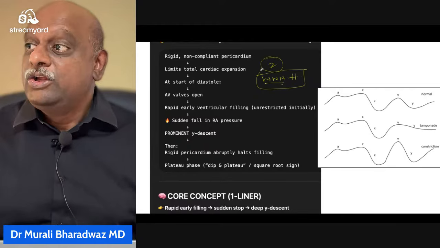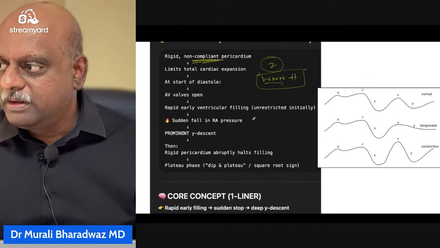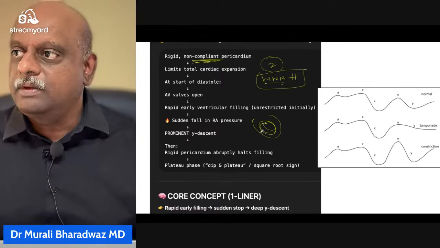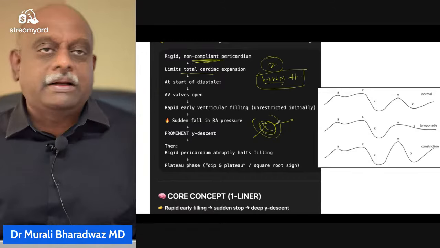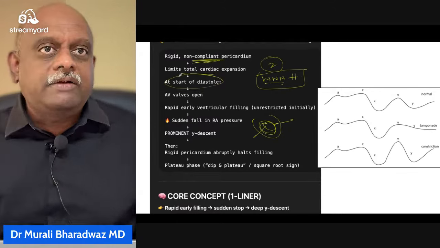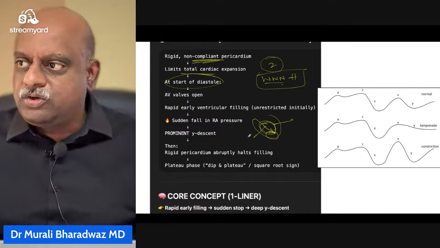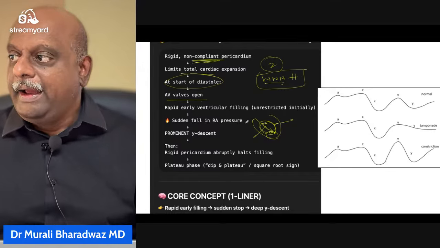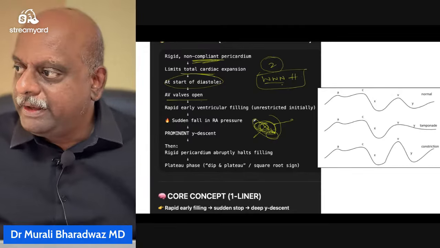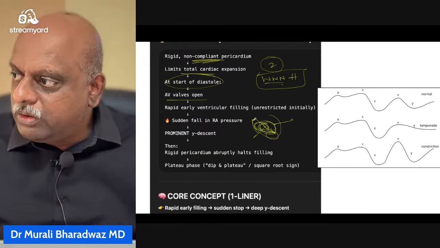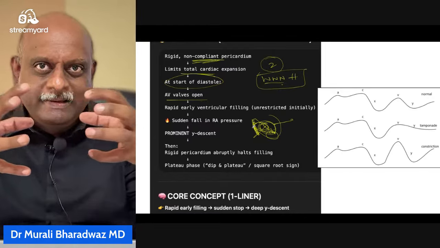Right? So a rigid, non-compliant pericardium is there around the heart. It will limit the expansion of the cardiac chamber. Now, at the start of the diastole, when the ventricle is getting filled from the atria, the AV valves open. And the atrial chamber is surrounded by a stiff, non-compliant pericardium.